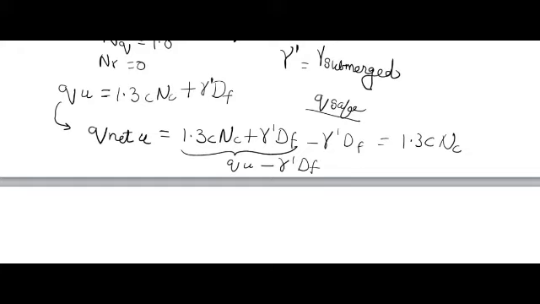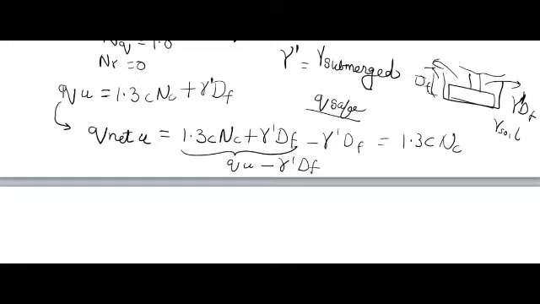Because it is net, we should not consider the overburden pressure of the soil. When you dig the trench or the hole for the foundation, you have removed the soil, and hence also the weight of the soil, that is the pressure due to soil, gamma dash dF, which is gamma of soil into depth of foundation.